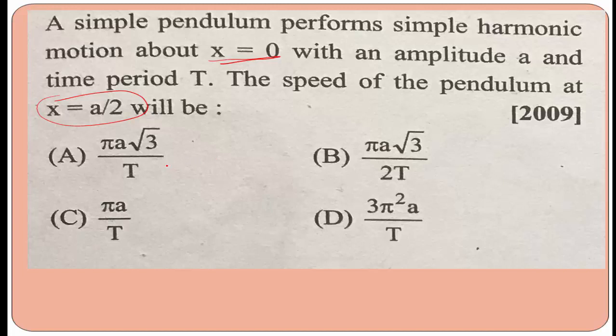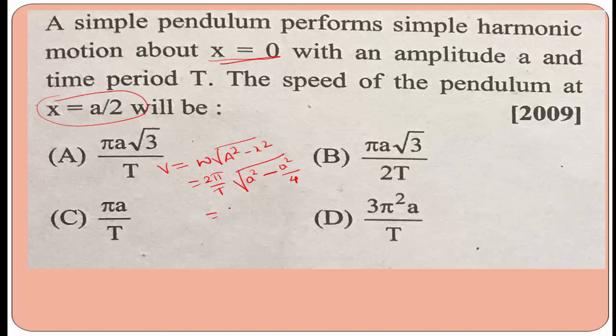We know the formula for the speed of simple harmonic motion: v is equal to omega into root of A square minus x square. Omega is equal to 2 pi divided by T. Amplitude is A square, and the square of half of it is A square divided by 4.